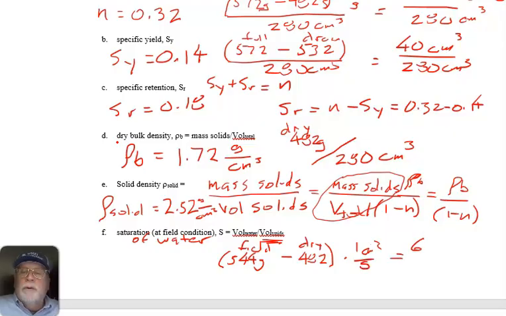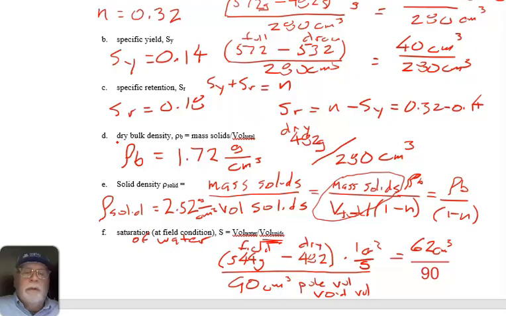So that's 62 cubic centimeters. And this is divided by the volume of, not the total volume, but the volume of voids. So that's 90 cubic centimeters. That's the pore volume, or the void volume. So that turns out to be, the saturation is 0.68.